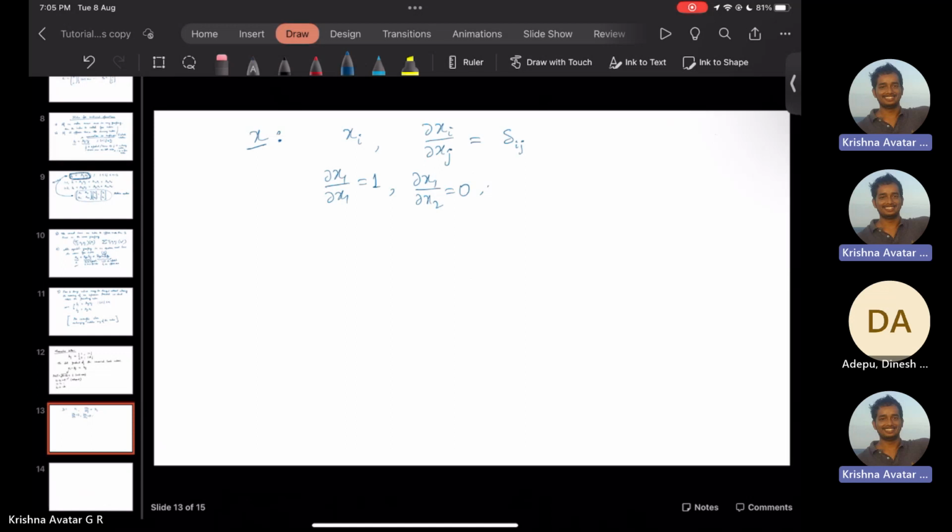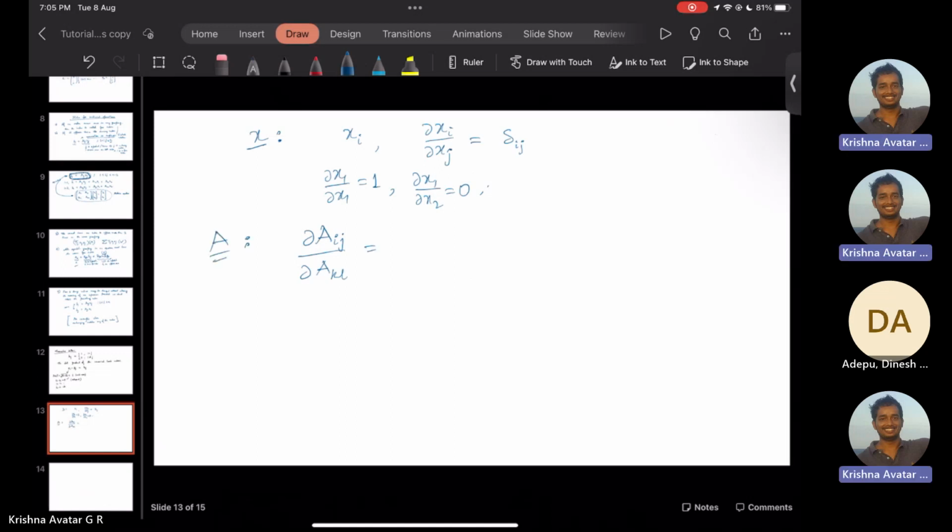And it becomes much more powerful when we are differentiating the components of a second order tensor, a matrix, with respect to another component of the same tensor.